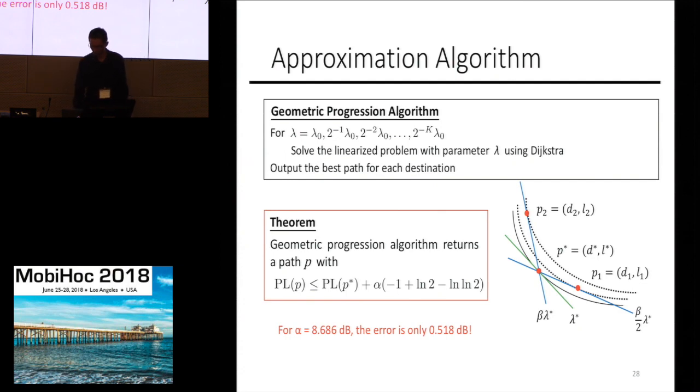And we get the error bound looking like this. This is a worst case error bound. Here alpha is about 8.686 dB in the typical building area. If we put this number into this error bound, the error is only within about 5 dB.